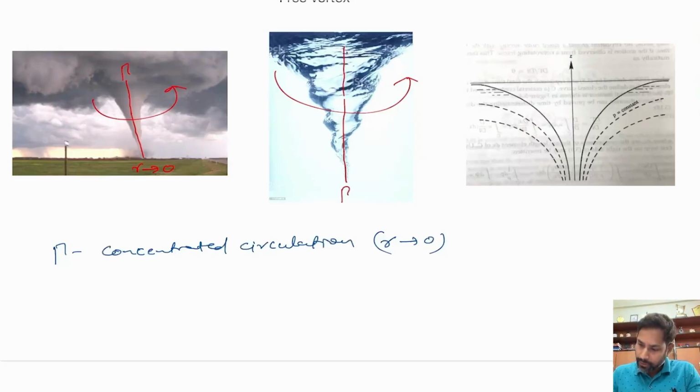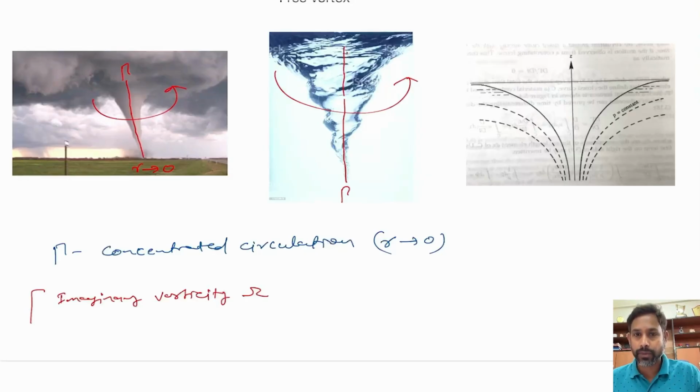If there is concentrated circulation, based on this we can also find the angular velocity of the flow. So let's assume that there is an imaginary vorticity omega. We have seen previously that the free vortex is an irrotational flow, and that means it has zero vorticity.